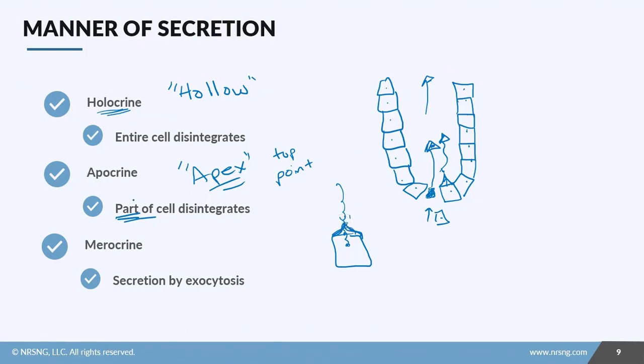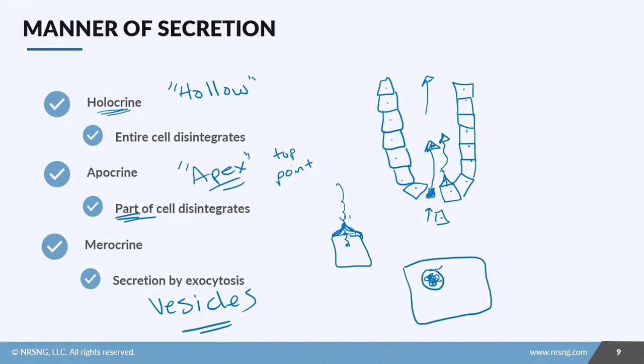Now, merocrine is the other most common type of manner of secretion, and it secretes by exocytosis. What that means is that you have little secretory vesicles inside of the cell. So if this is my cell, I'll have a little vesicle in here that gets all of my secretory product, whatever it is.